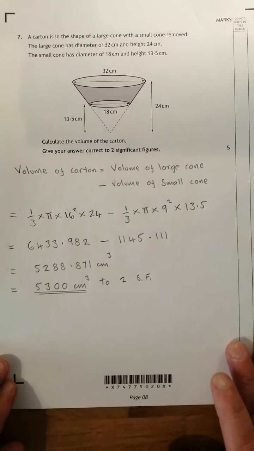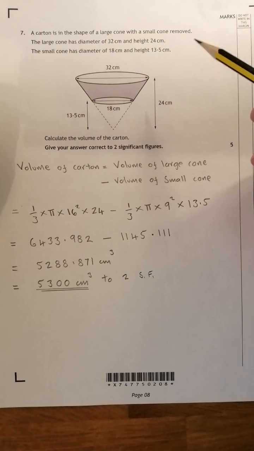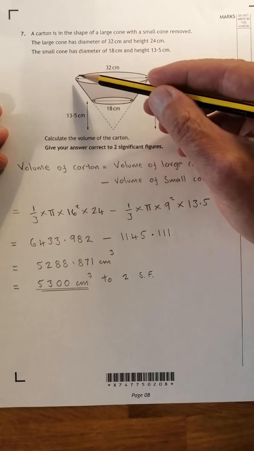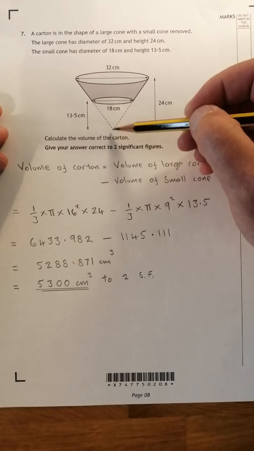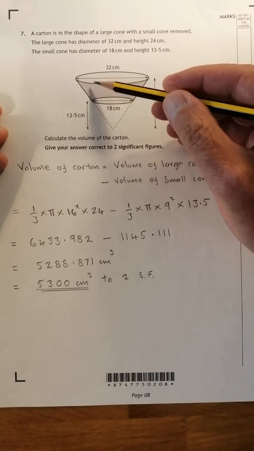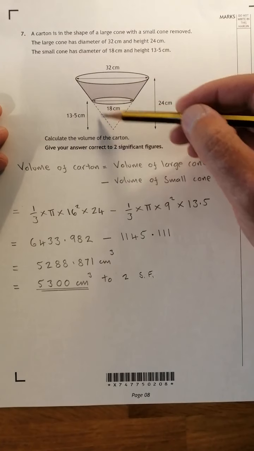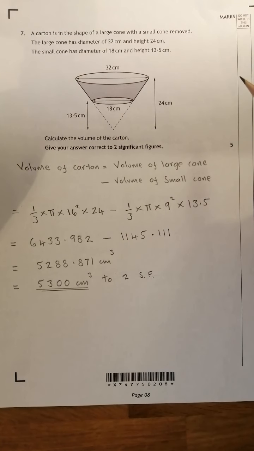That's what that means. Let's have a look at number 7 now, where you have to get the volume of a carton. You have 2 cones, you have a large cone, then you have a small cone taken out. So the volume of the carton is the volume of the large cone, take away the volume of the smaller one there.